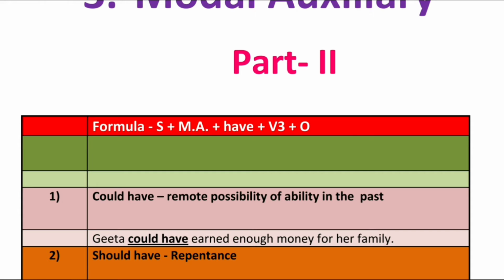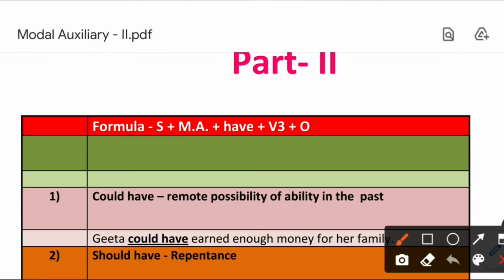Now first one is could have, and for that, remote possibility of ability in the past. We use this could have for remote possibility of ability in the past. That means we use could for past ability, and when there is remote possibility of that past ability, then we use could have.